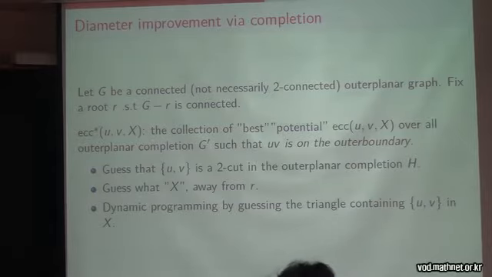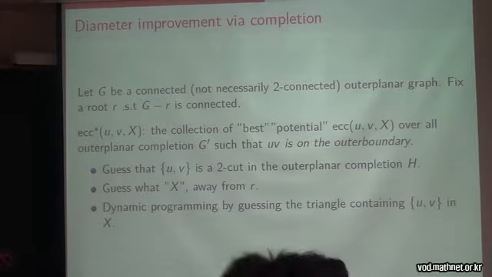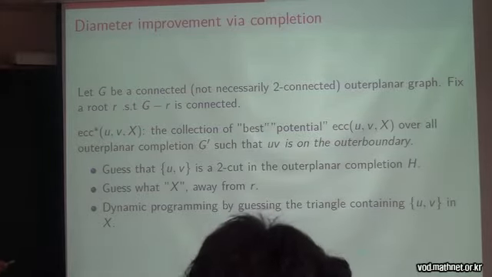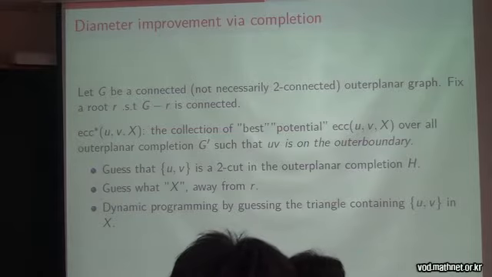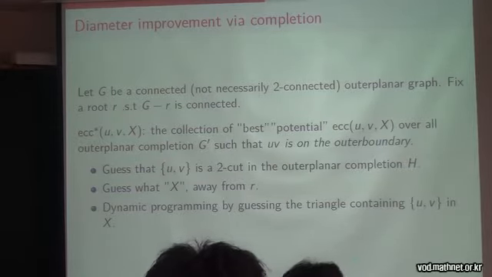This looks a little bit complicated, but you can imagine what we want to compute here, and the good thing is that ECC star is not very big. Actually, there are only 5 types of tuples that you can have for ECC star.